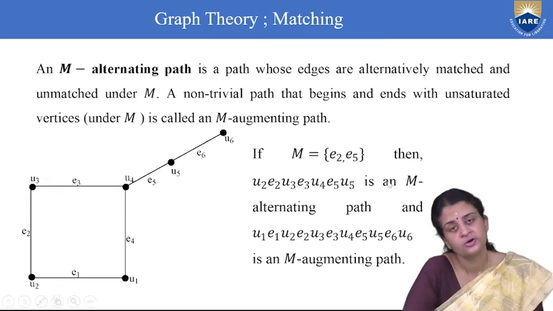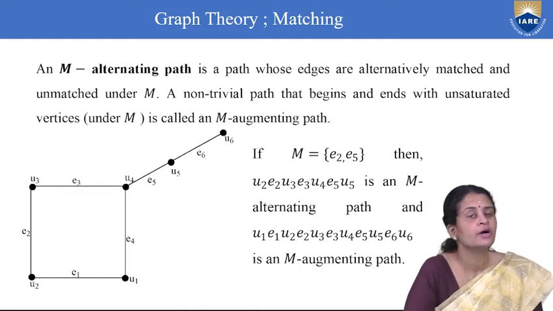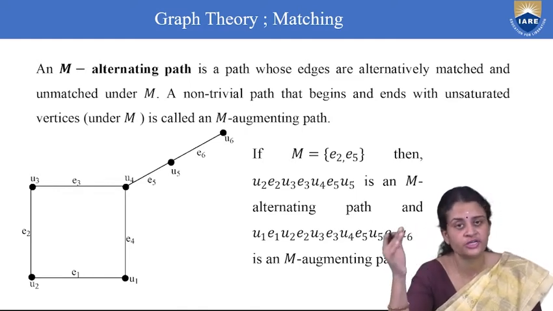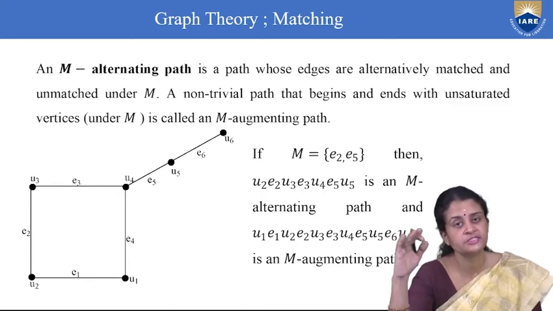Now we are going to see what an M alternating path is. If we are given a matching, then what is an M alternating path? Path means a walk. We have seen what a path is. A path is an alternating sequence of vertices and edges starting with a vertex and ending with a vertex, in which no vertex repeats more than once.